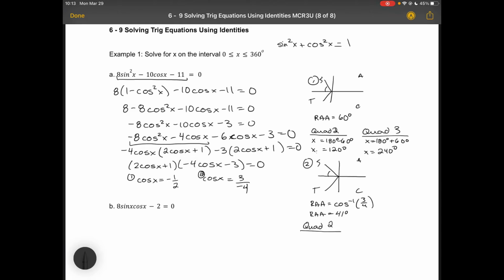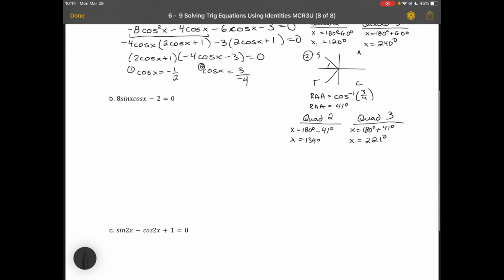Then my solution in quad 2 is going to be 180 degrees minus 41, and my solution in quad 3 is going to be equal to 180 degrees plus 41. So my two solutions there are going to be 139 degrees in quadrant 2, and then 221 degrees in quadrant 3.